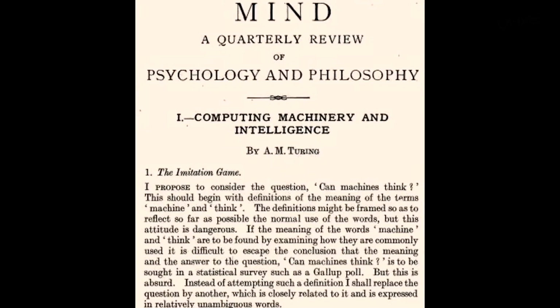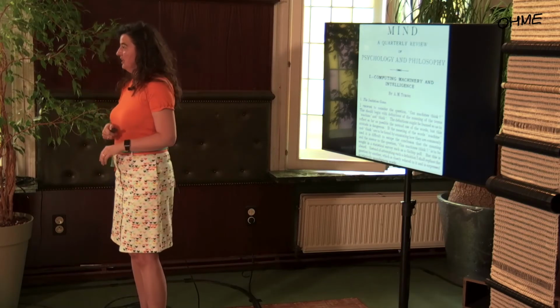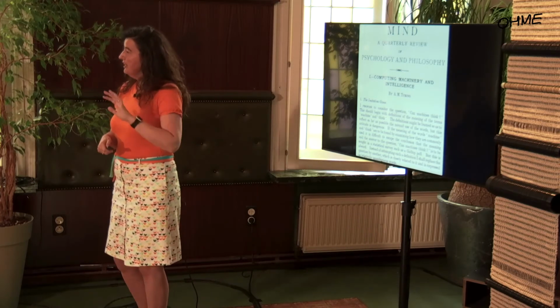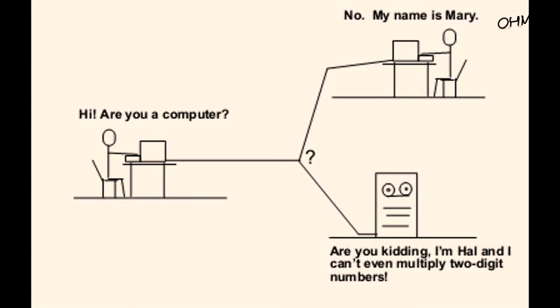What is thinking? As a mathematician, you always want definitions. These are things that you cannot define. So he says, well, instead of trying to define what I mean with intelligence, I'm going to do it with an experiment. And that's the title, The Imitation Game. And that way, I don't have to define what it is, but everybody will agree that the outcome of this experiment will say that the machine is intelligent.